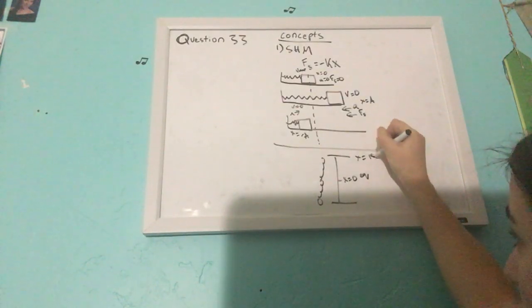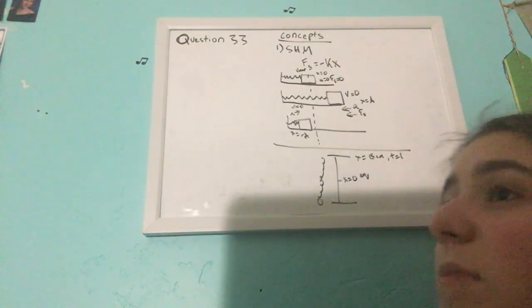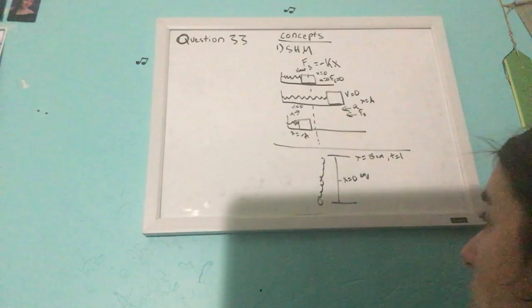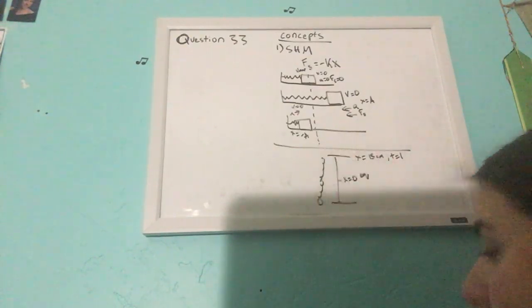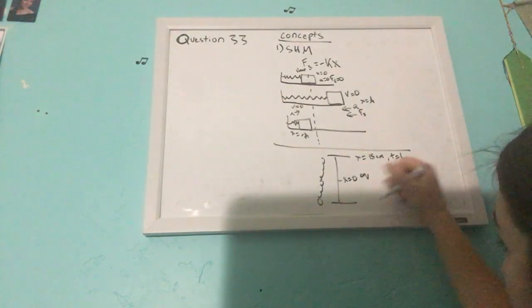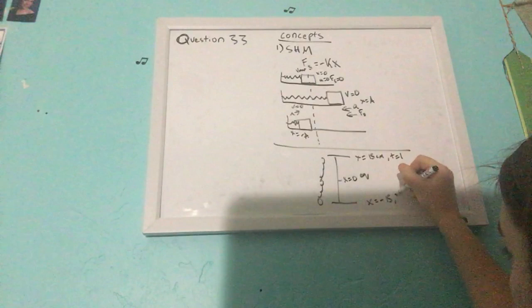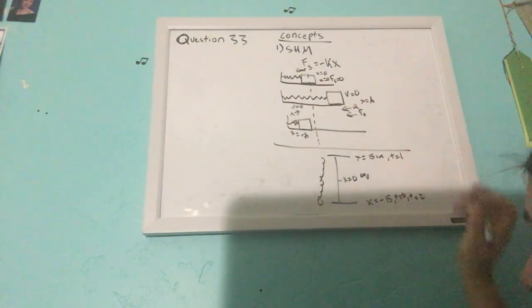This is x equals 15 centimeters, at time equals 1 second. The period is 2 seconds, so for it to go up and down takes 2 seconds. Down here it's x equals negative 15, at time equals 0 or time equals 2 seconds.